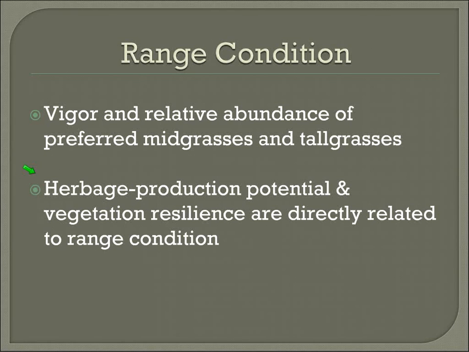And the reason is because herbage production potential, the ability of your rangeland to produce herbage, is very much related to vegetation resilience and range condition. Remember that the ability of your land to produce the forage that you need for your livestock is profoundly affected by vegetation resilience and range condition.